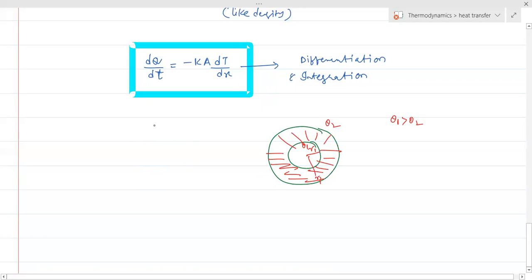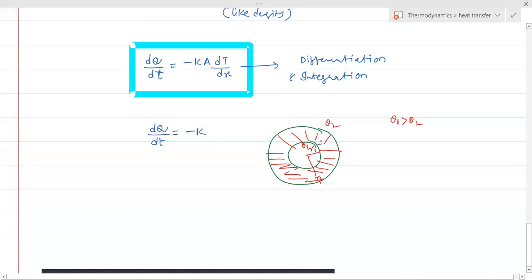So we take dQ by dt. Here, choosing the variable is very important. dQ by dt equals minus K into area. The area changes as you move away from here to here, so area is the variable.